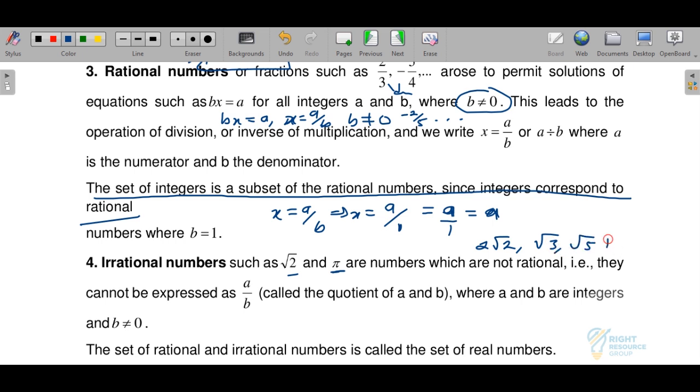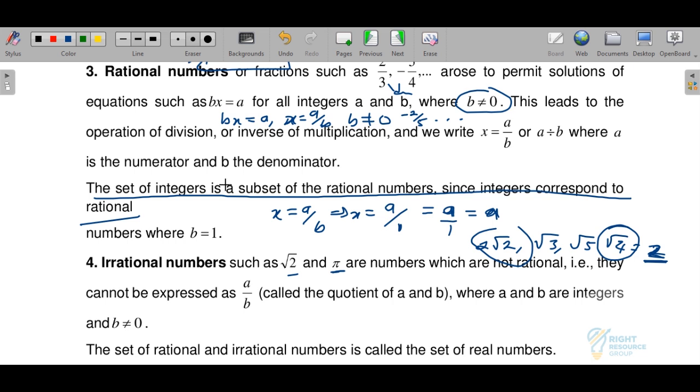But root 4 is the same thing as 2, so you can simplify it further, so you cannot categorize this as irrational. Numbers that cannot be simplified further but can only be left in short form this way are what we refer to as irrational numbers, right?